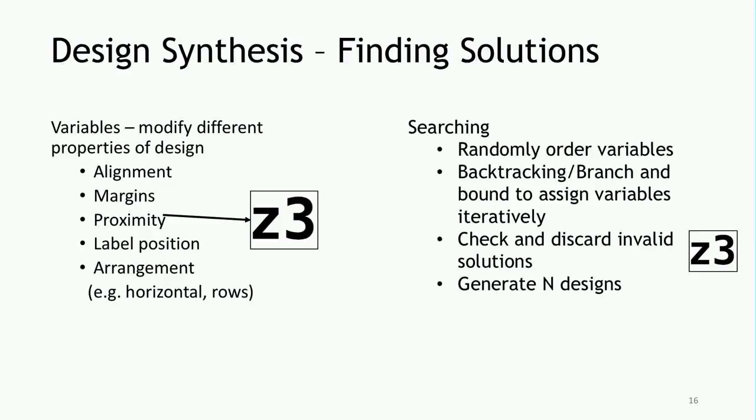And then in addition to these encodings, we have a set of variables of design principles that we want to modify. So these are things like alignment and margin, label position, arrangement. So we're going to be iterating through these things to make the different variations. And all of these have to be encoded into the solver as well. That's the approach we're currently taking.